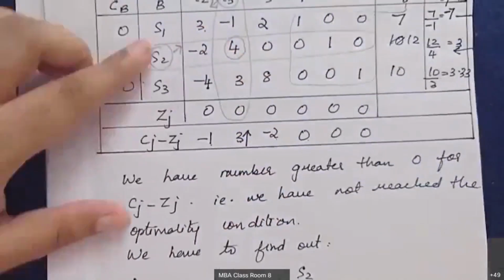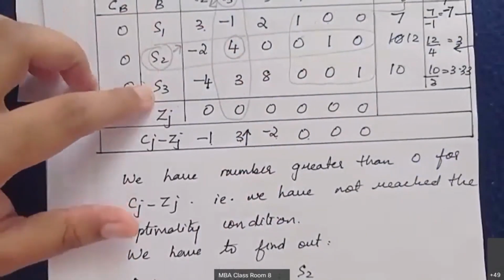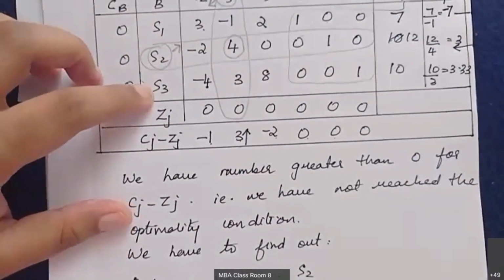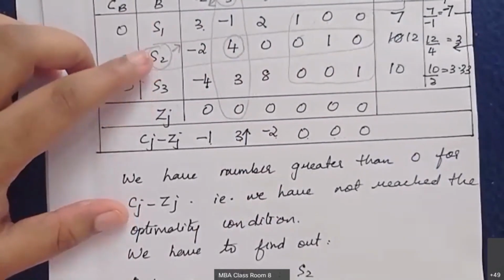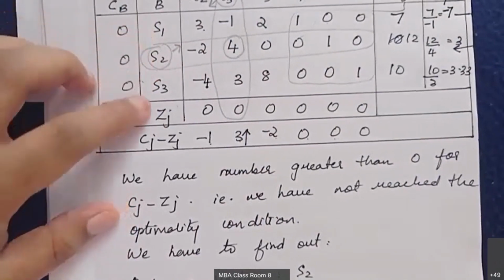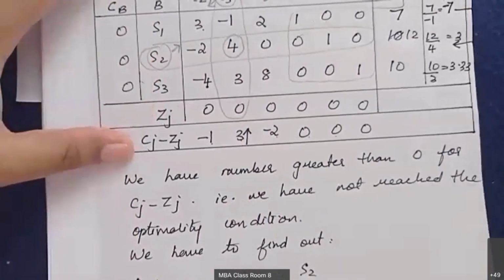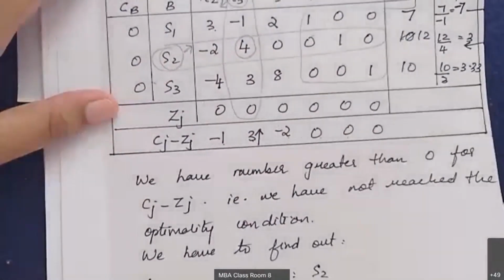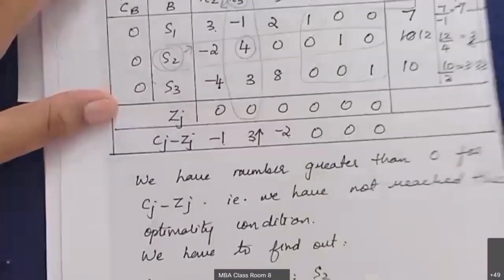R1 and R3 will have the influence from the new key row. That is why we are changing the key row first, and only then we will go for R1 and R3. So how is R1 going to change?